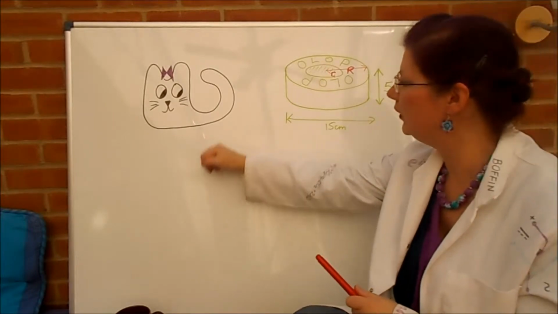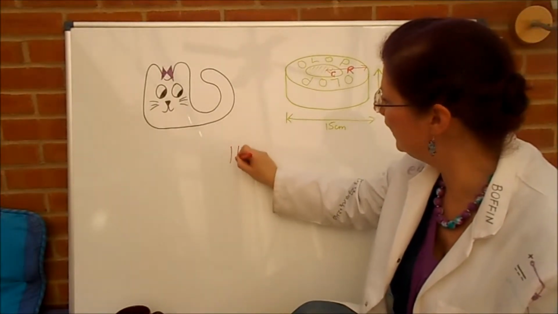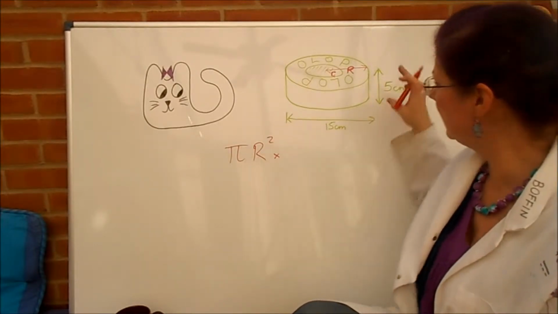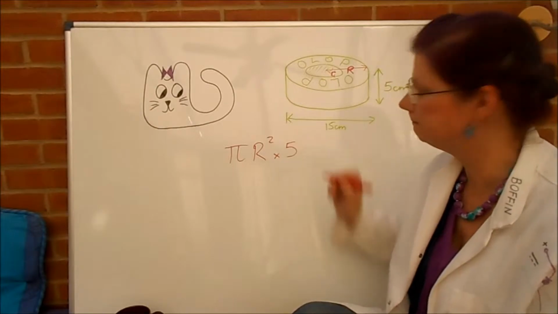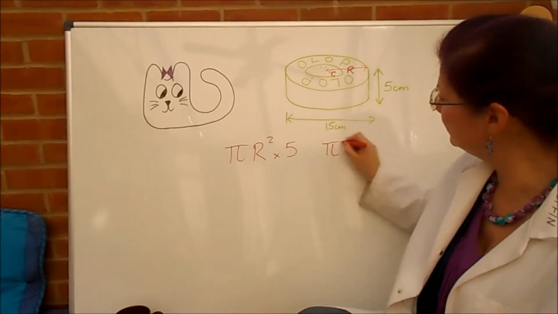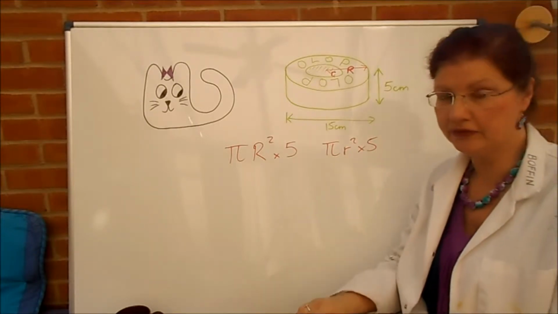So if we look at the volumes of those, the volume of the whole cylinder is pi times big R squared times the height, which is 5. The hole in the middle is pi times little r squared times 5.